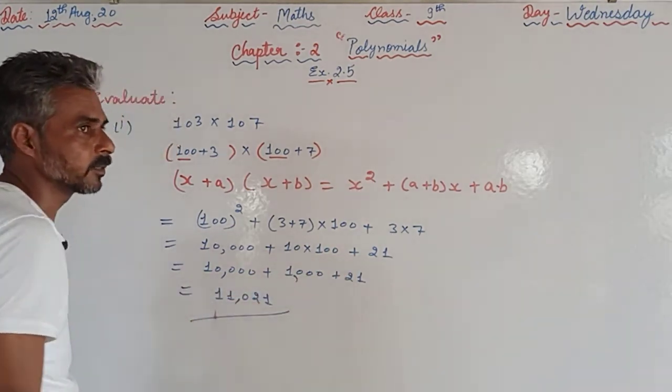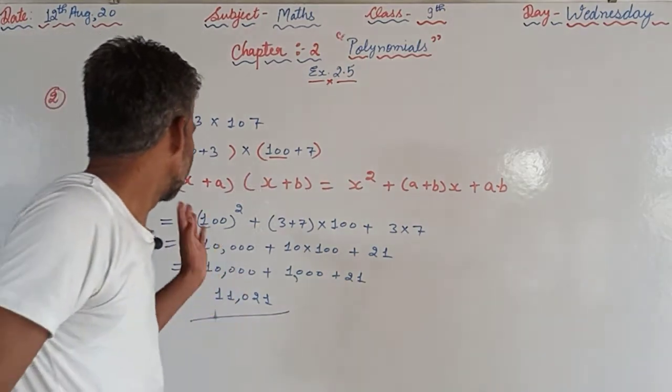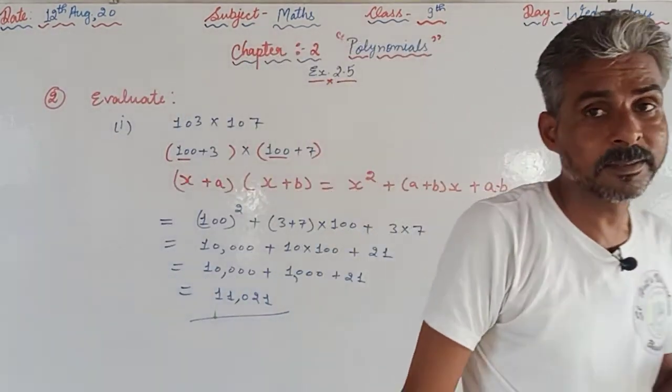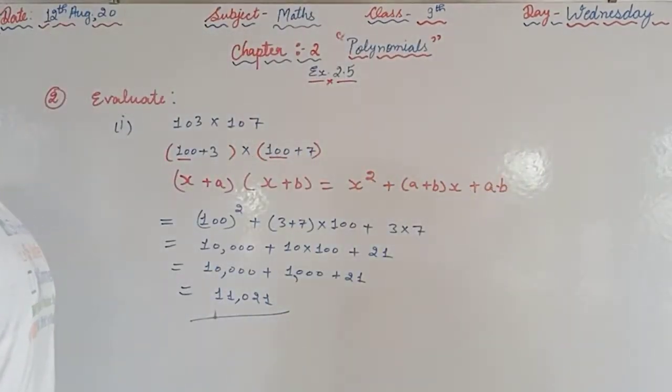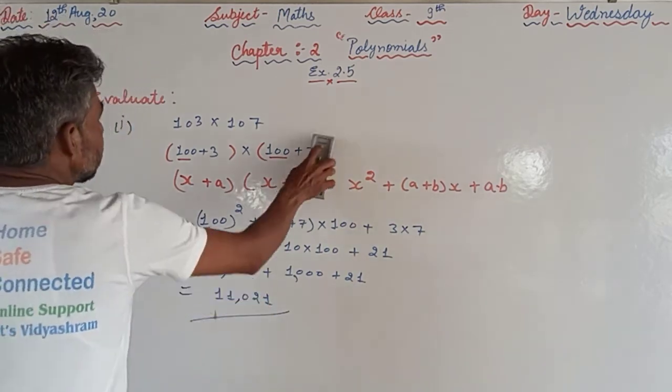is the answer. So we have already calculated 103 multiplied by 107 without actually multiplying. We have used the identities to solve this question. So the same thing we will do in question number 2.